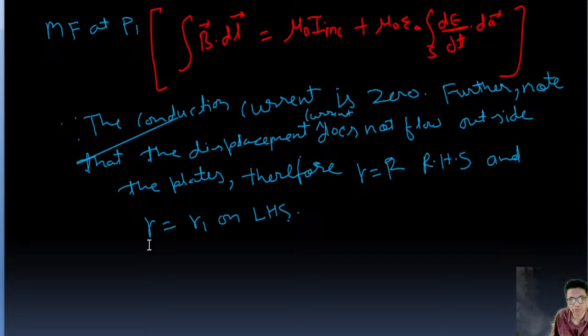So now we'll use the formula. The left hand side is going to be B1 into 2 pi R1. This is the point where we take r equal to R1.